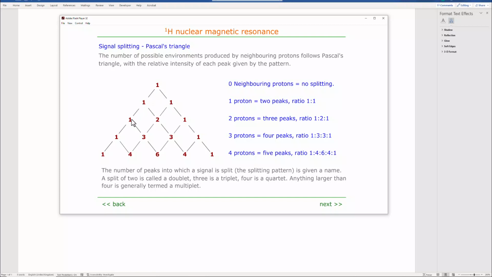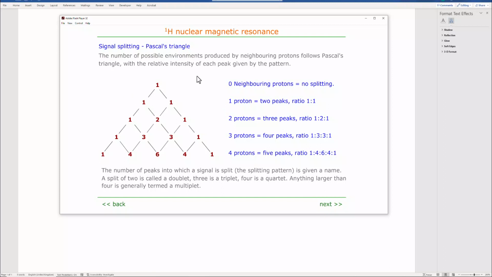A hydrogen that's split by two neighbouring hydrogens will split into a signal with three peaks with intensity 1 to 2 to 1. And a hydrogen that's adjacent to three hydrogens will split into four peaks with the intensity 1 to 3 to 3 to 1. This pattern is called Pascal's triangle.